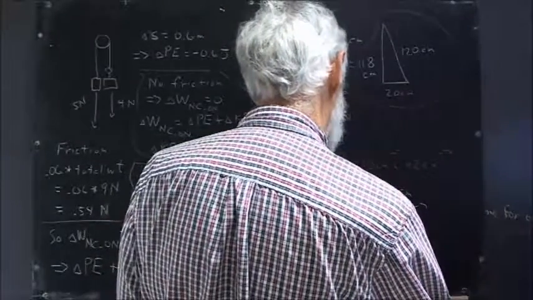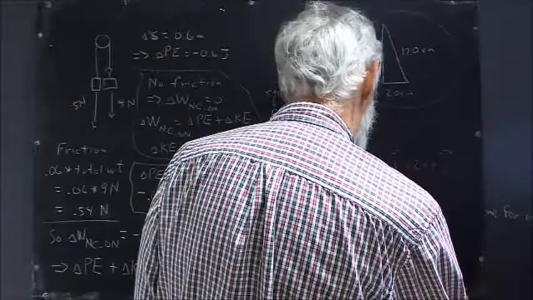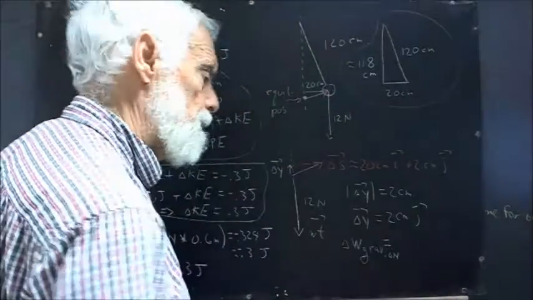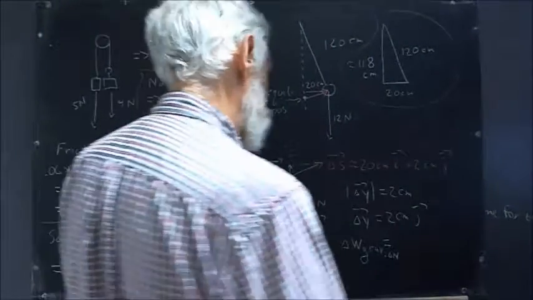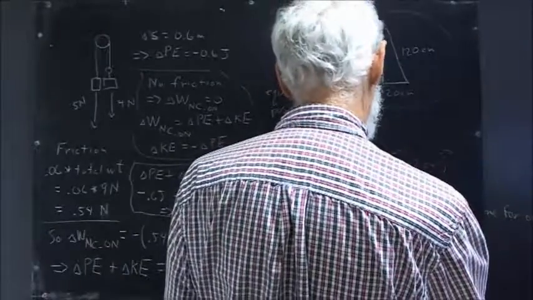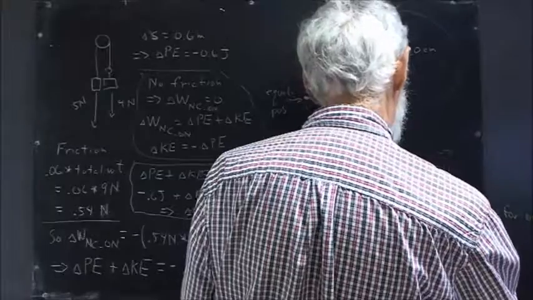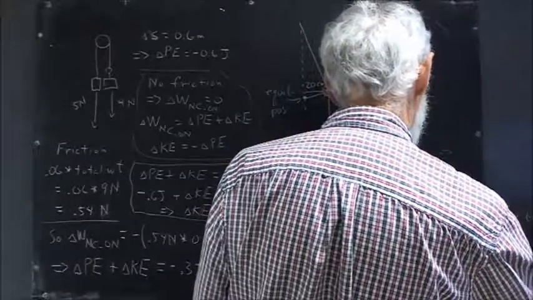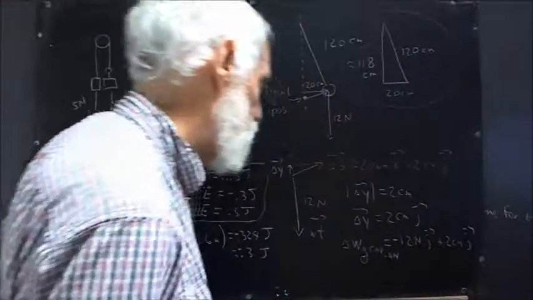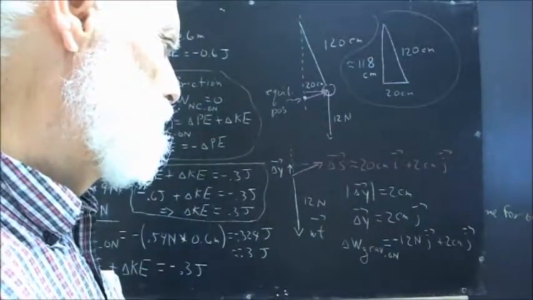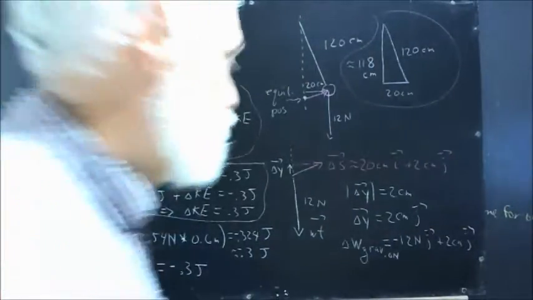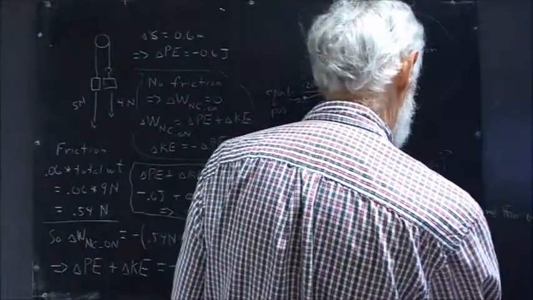So the work done by gravity on the pendulum is negative 12 newtons times j dotted with the delta y vector, 2 centimeters times j.